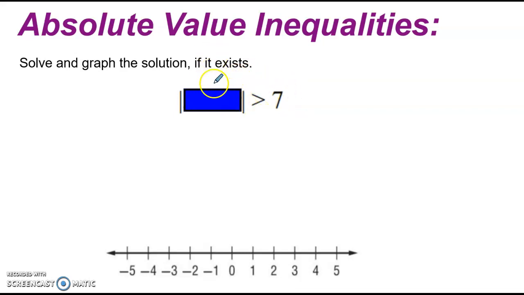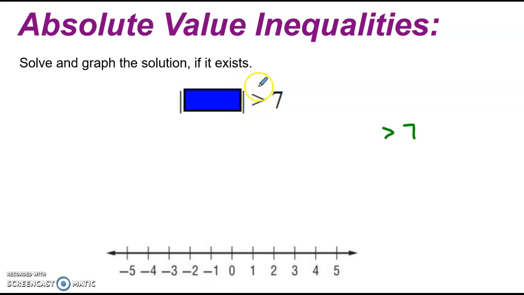So that's half my solution, right? I know that part of this solution set is going to contain values that are greater than positive 7, like 8, 9, 10, 11, etc. Now, remember, absolute value can also be negative, because if I put, say, a negative 8 in here, the absolute value of negative 8 is positive 8, and 8 is greater than 7. So now ask yourself, what negative values would make this statement true?